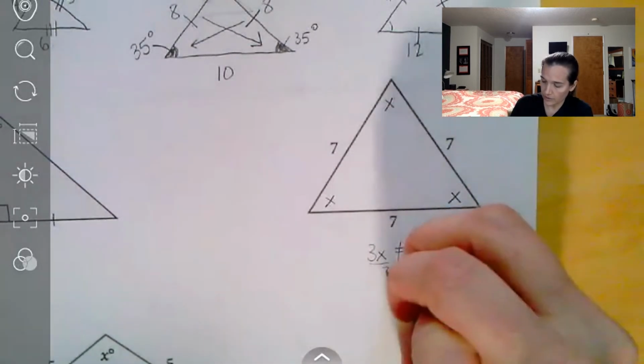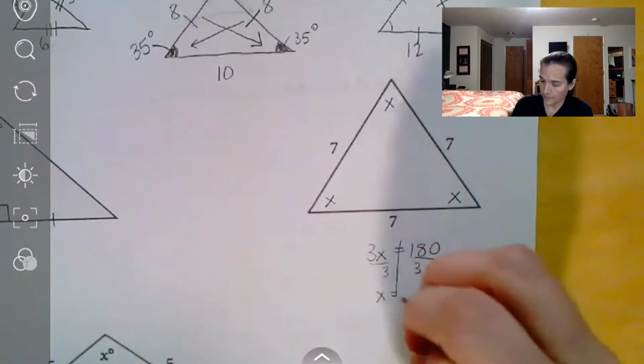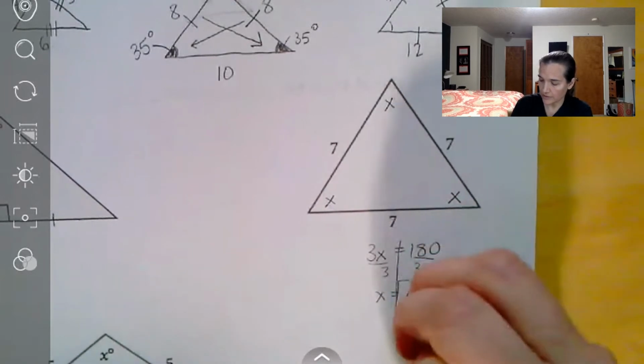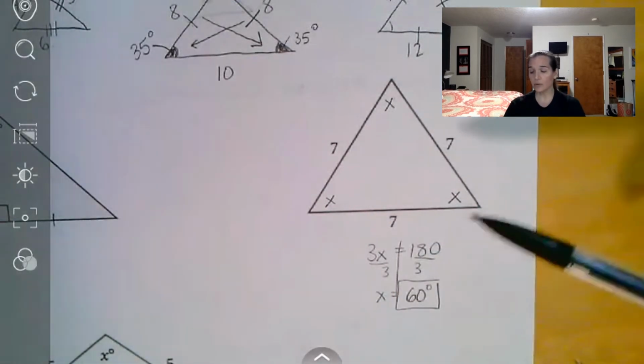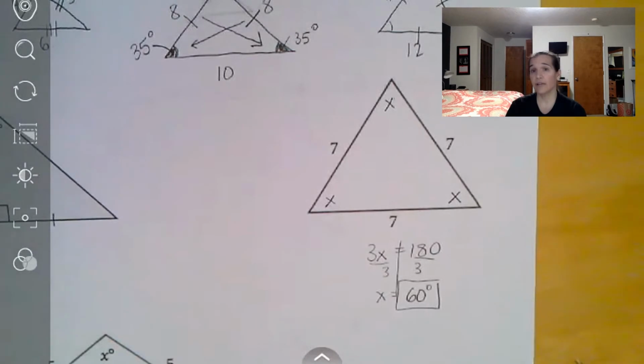If I divide both sides by 3, I get 60 degrees. And in an equilateral triangle, every angle is 60 degrees, always, always, always. That will never change. All 3 angles have to be 60 degrees, or you don't have an equilateral triangle.